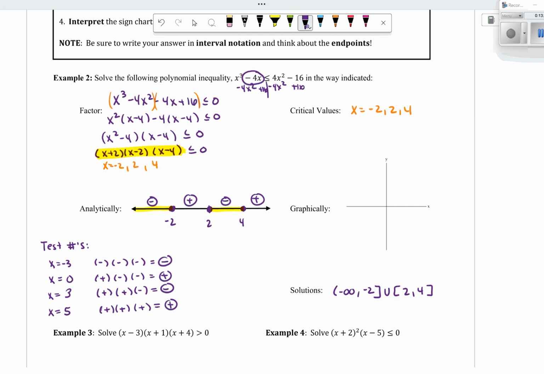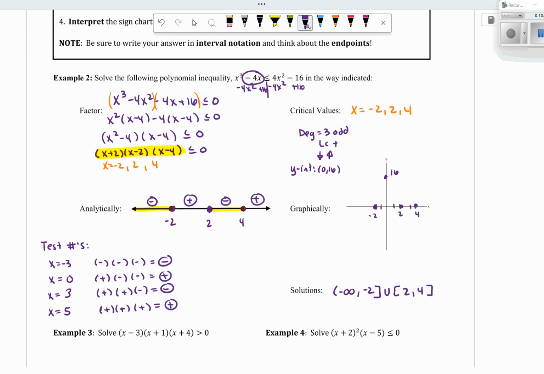So let's think about this graphically. If we think about this graphically, the degree is 3, which is odd, and the leading coefficient is positive. So the left end goes down, the right end goes up. Our y-intercept, if we plug 0 in for x, we would get 16 out. So we have -2, 2, and 4.